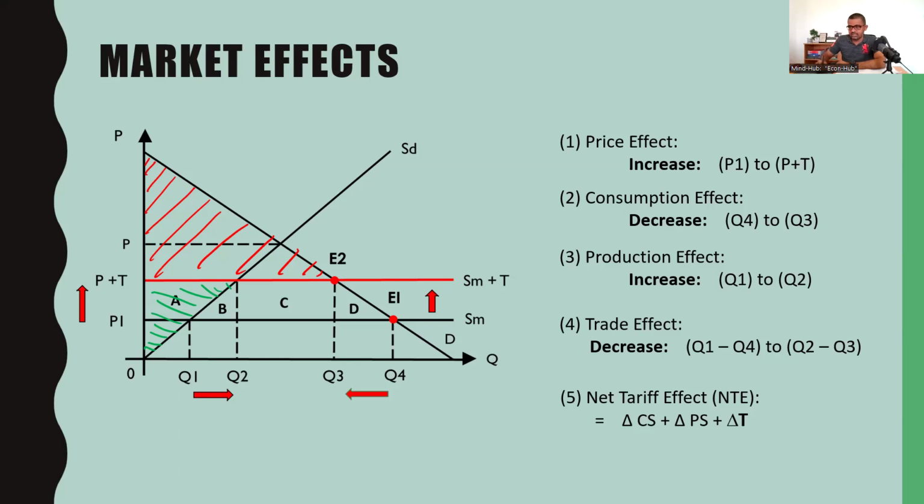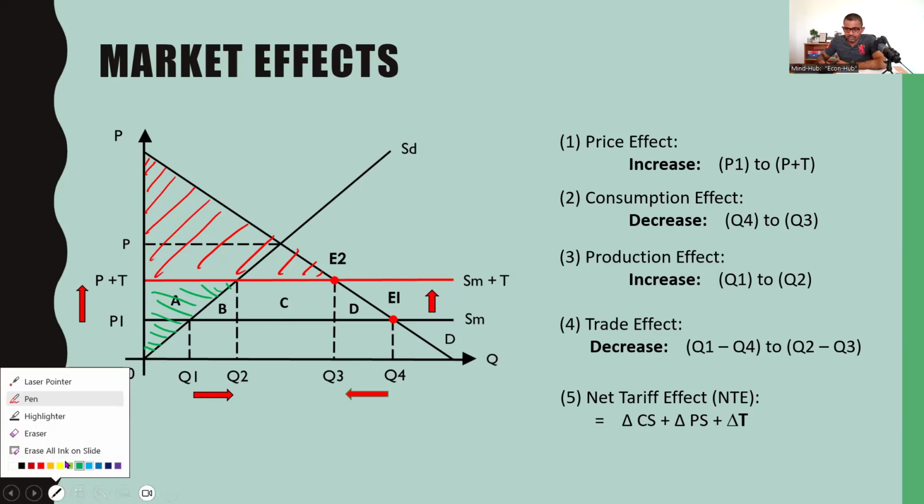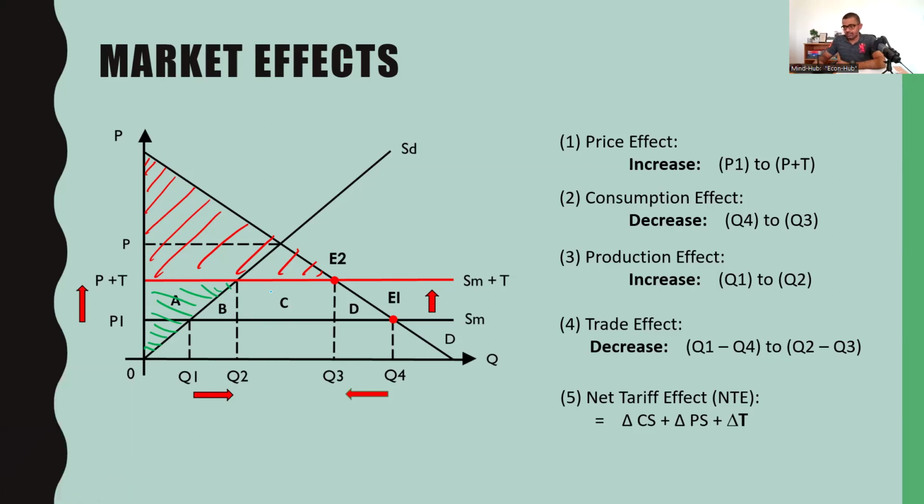Government, what is the government's tax revenue or the tax burden here? We'll use a quick different color for that, right? Basically, per unit, the tax is the vertical distance, no? The difference between P plus T to P1. Per unit, this is the height. But the quantity imported, tax is on the imported good. Quantity imported is Q2 to Q3. I'll repeat.